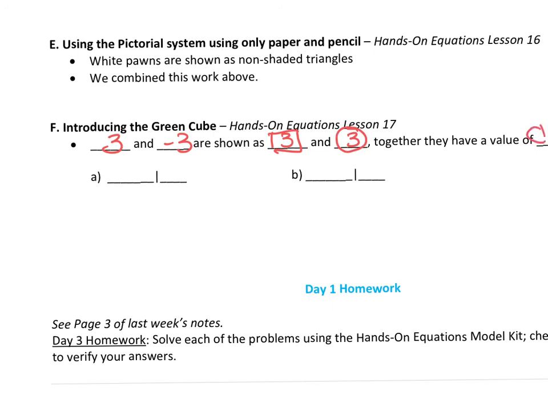And together, they have a value of 0. And so for us, 4 and 4 is really saying 4 plus negative 4, and that is 0. 17 and 17 add to 0. And so this is where we use the green cubes for those, and I'll just circle them so you can see. When you're using your model, you're going to use the green cubes for those. So that's it.